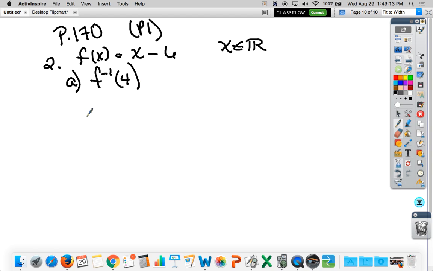Now, if I just threw that out there, how would you read that? How would you know even what to do to begin with? Okay, kind of. She said the inverse of x would be 4.